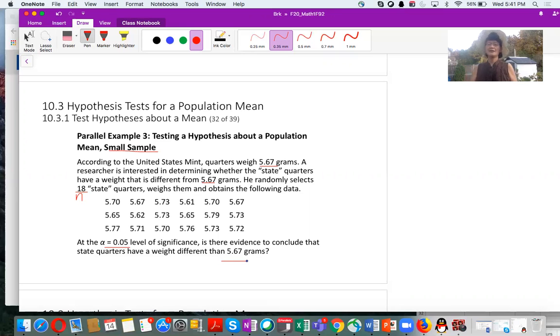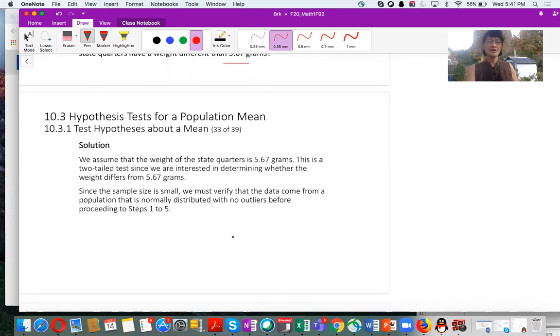When you have a large sample, meaning sample size greater than 30, we usually assume the sample comes from a population having normal distribution. However, in this example, sample size is 18, smaller than 30. So this is a small sample problem. We have to make sure to check the condition.